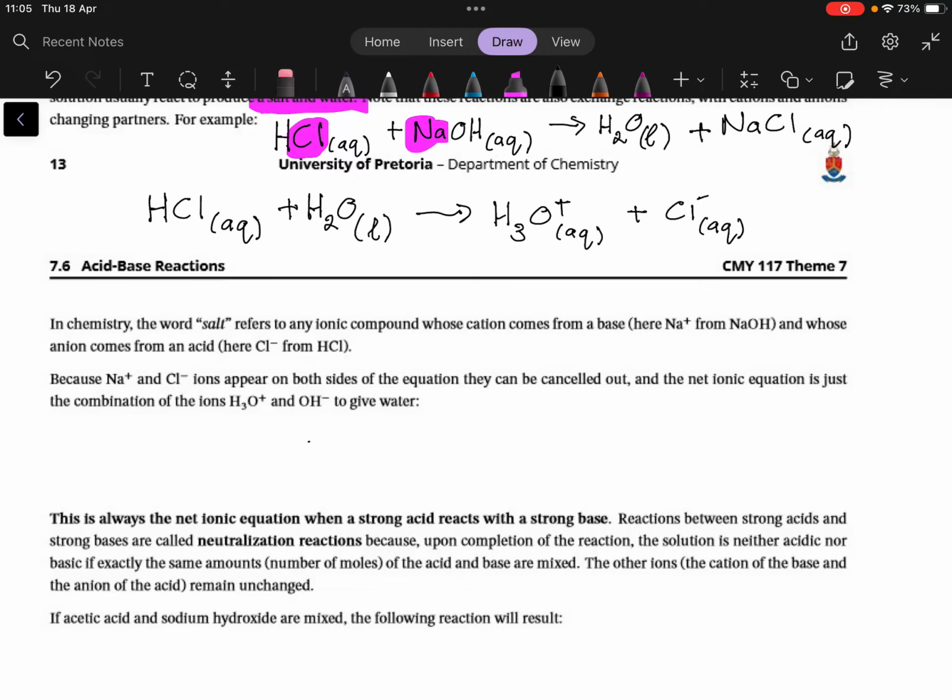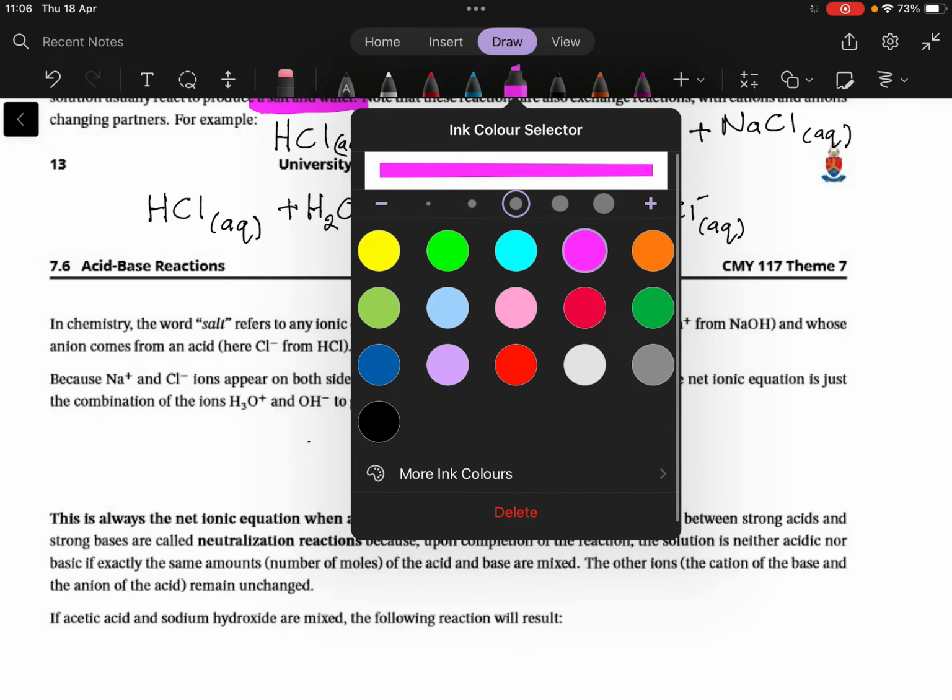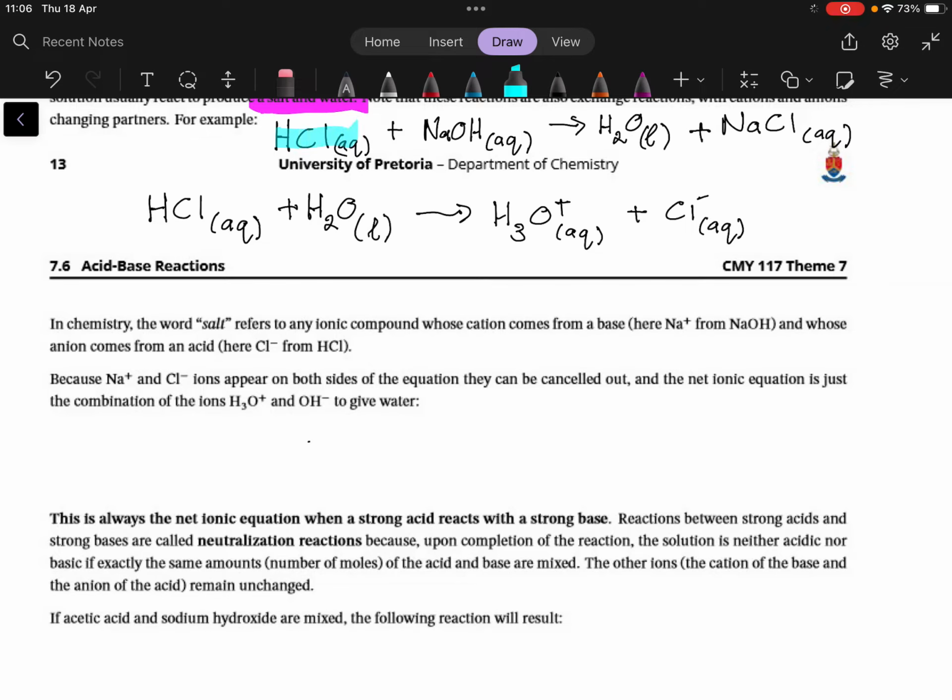So when you see HCl, so it's a strong acid. For any strong acid, you can do this.